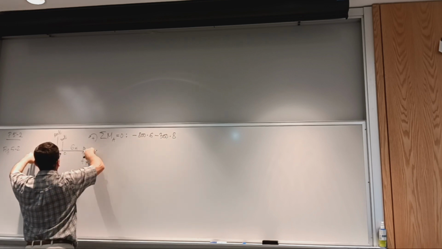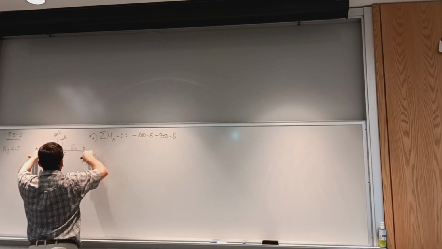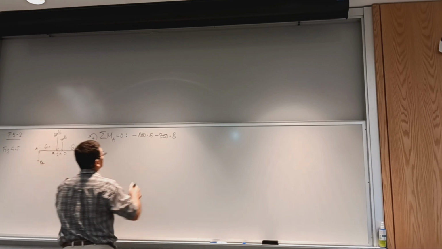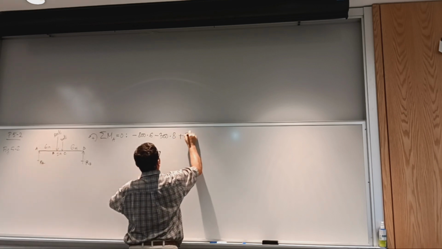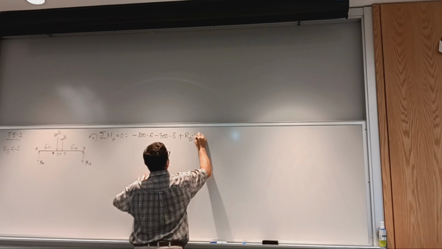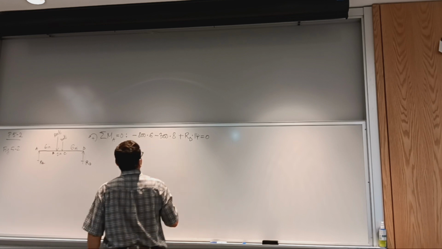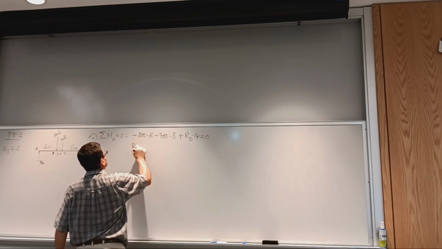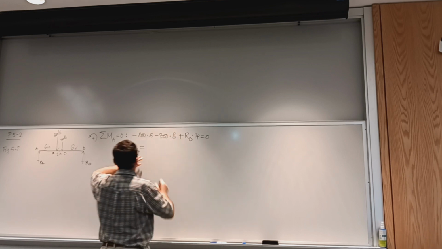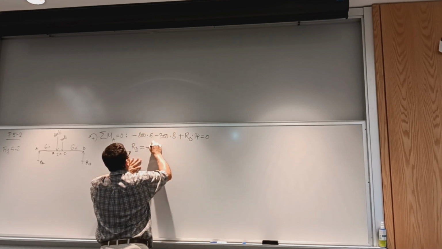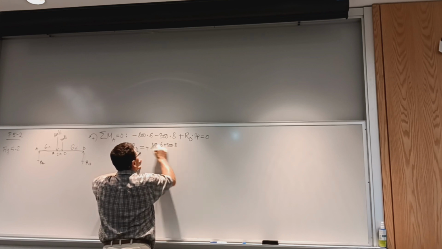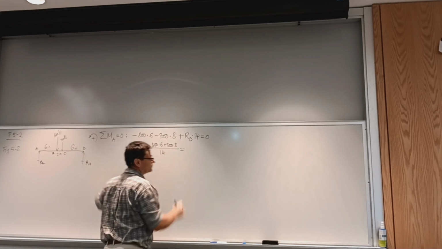Okay, and then I go all the way to the end. That's RD, the unknown, and its arm is 6 plus 2 plus 6, so that's 14. And it's positive, so I have RD times 14 equals 0. So what is RD equal to? I move everything to the right, it's a positive value. So RD will be 800 times 6 plus 300 times 8, over 14.